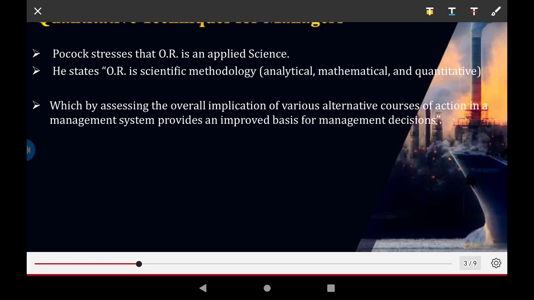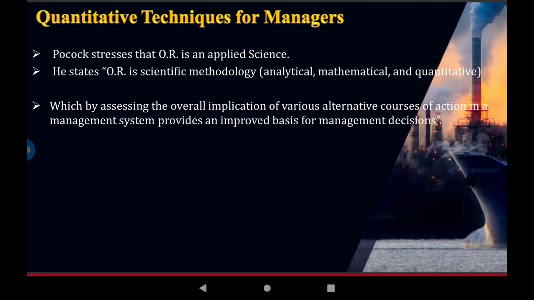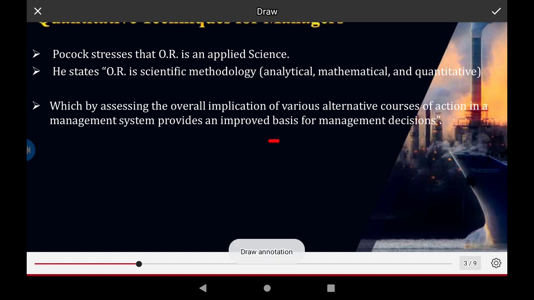Managers and directors take decisions for continuous improvement in the efficiency of systems such as industries, colleges and hospitals, according to operation research.